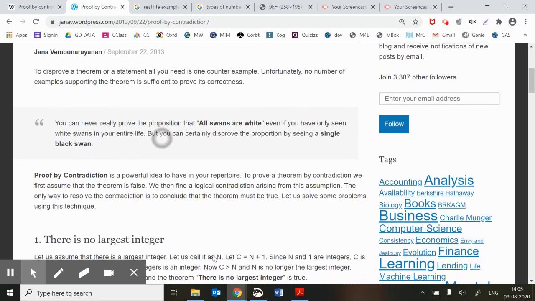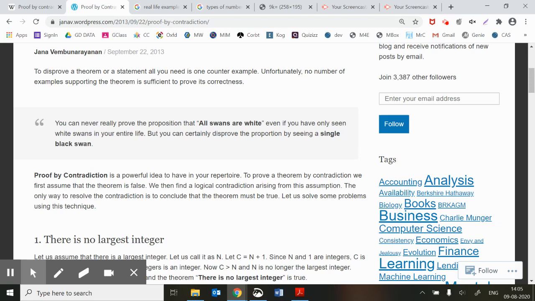It says here in these quotes, you can never really prove the proposition that all swans are white, even if you have only seen white swans in your entire life. So going through many examples doesn't prove that there are exclusively white swans. It may be that you just haven't seen a different colored swan.